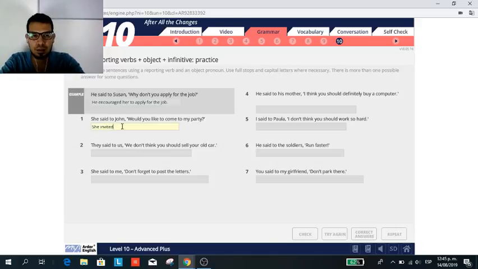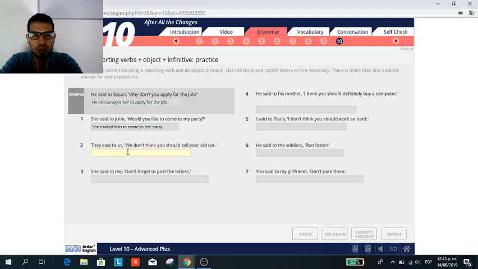She invited. Remember to use full stops and capital letters wherever needed. She invited him to come to her party. I think so. She said to him. Okay.